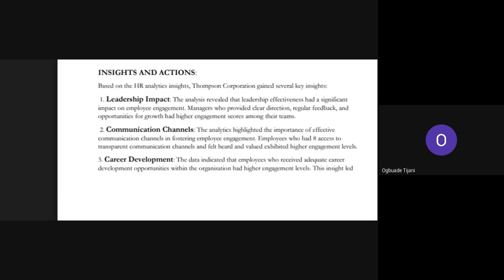The next one is around communication channels. The HR analyst can recommend, according to the insight, that employees had access to transparent communication channels. It means that HR in the organization has to monitor that communication goes from the top to the bottom and from the bottom up.